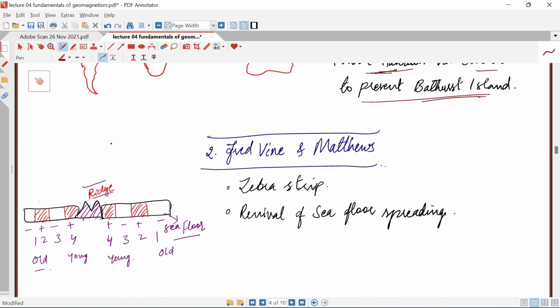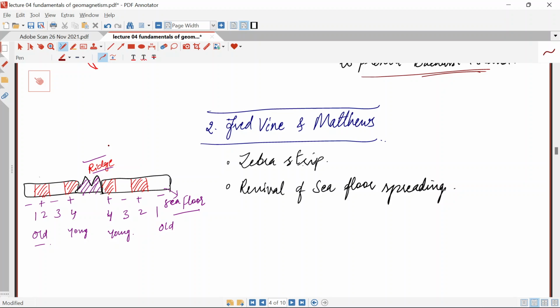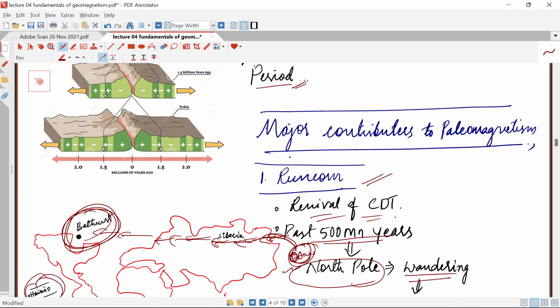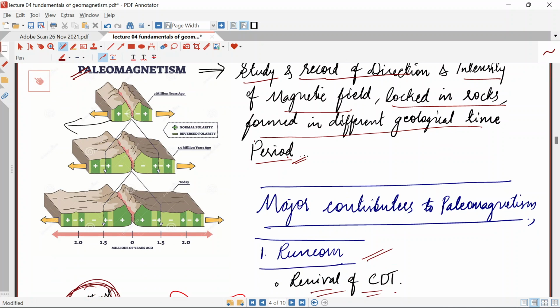So next we'll see Fred Vine and Matthews in paleomagnetism. They said that paleomagnetism is due to the zebra stripes. We'll understand this Vine and Matthews postulation by seeing this image. If you consider this image, there is evolution of time, or I can say passing of time.